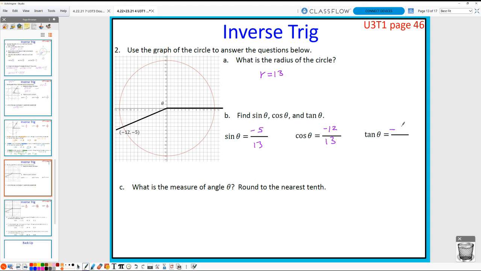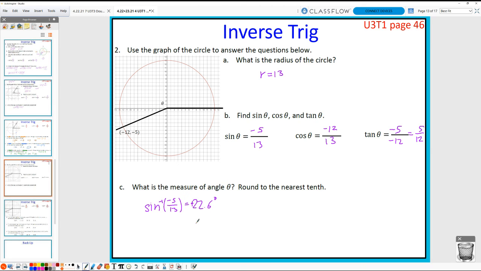Now, be careful: negative 5 over negative 12 I can reduce to positive 5/12. Again, I will just use inverse sine for all these, because with any other one you could potentially get confused. Inverse sine of negative 5 over 13 gives 22.6 or negative 22.6.